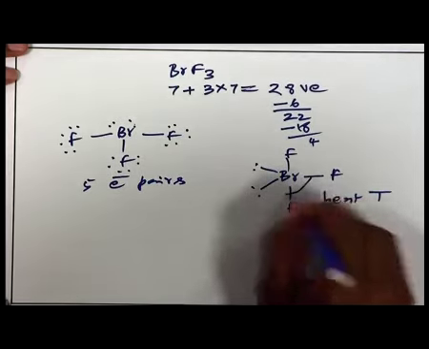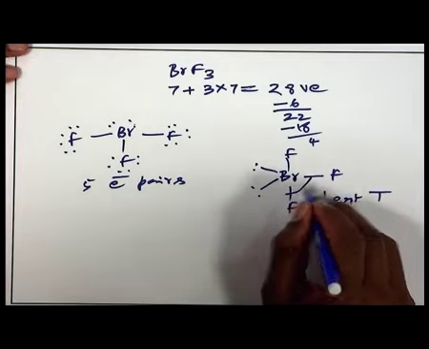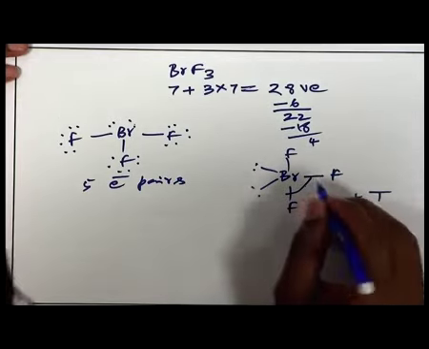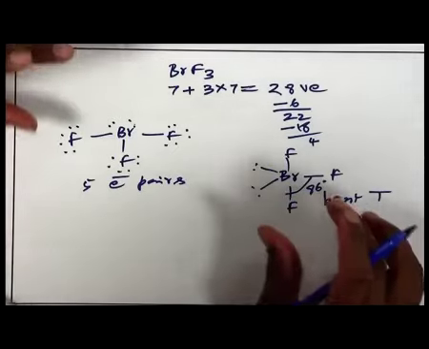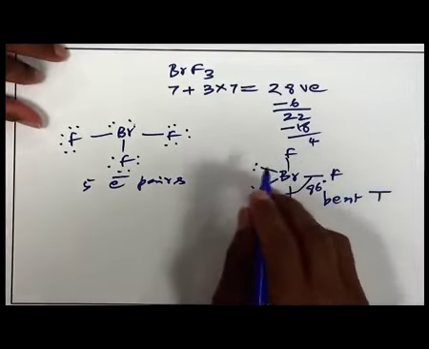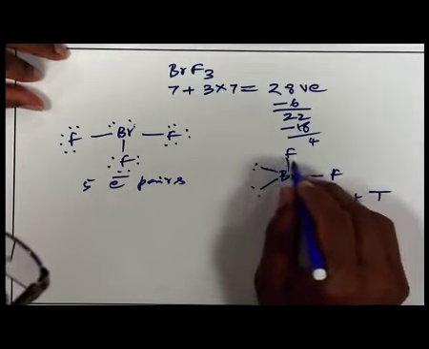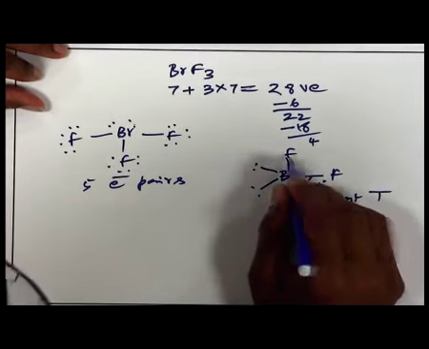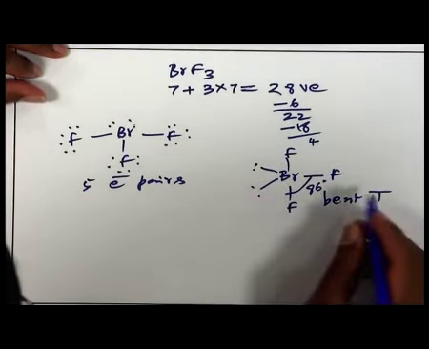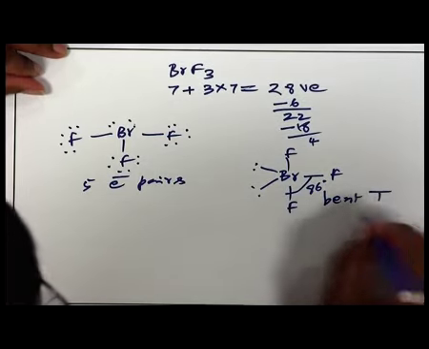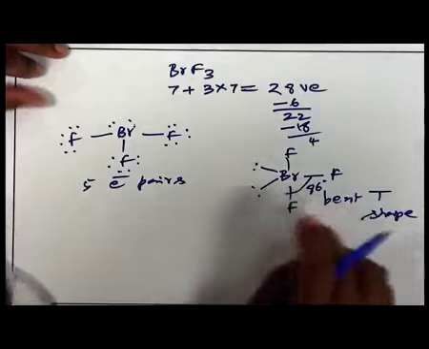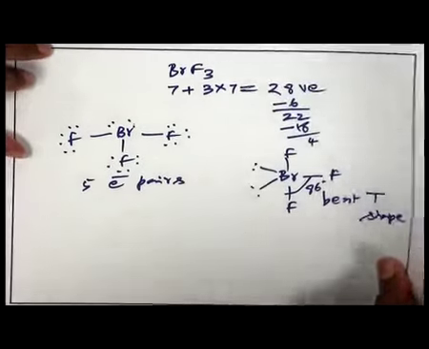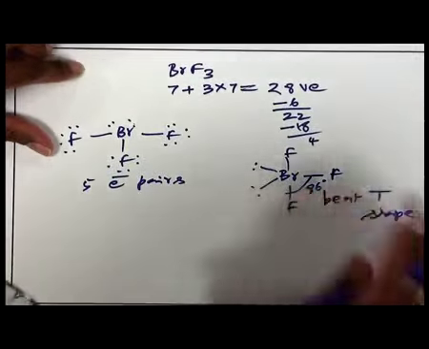The angle is slightly bent, about 86 degrees. Because of the strong repulsion between the two lone pairs, it pushes the bonding electron pairs a little bit down. So the shape becomes a bent T shape, because it looks like a T.